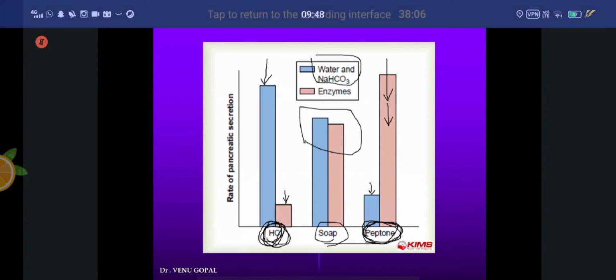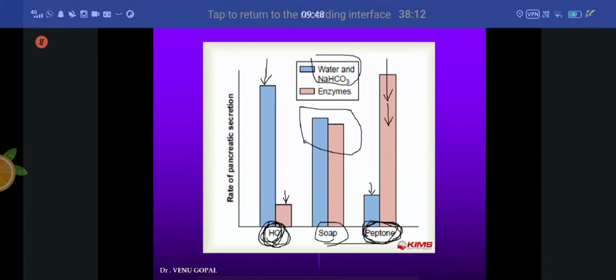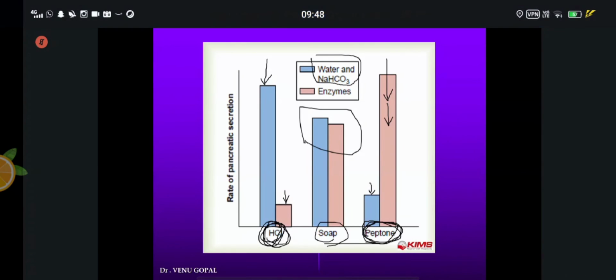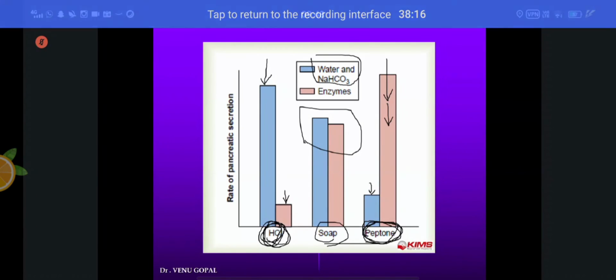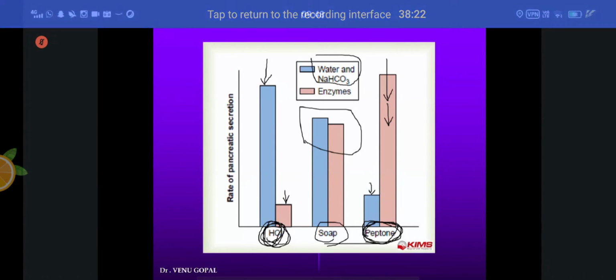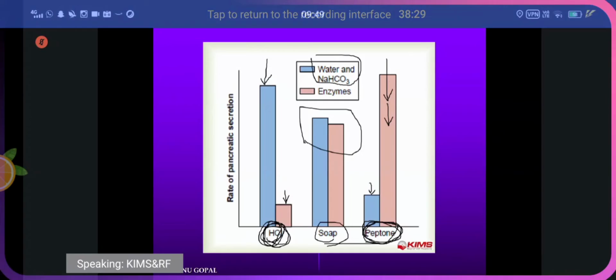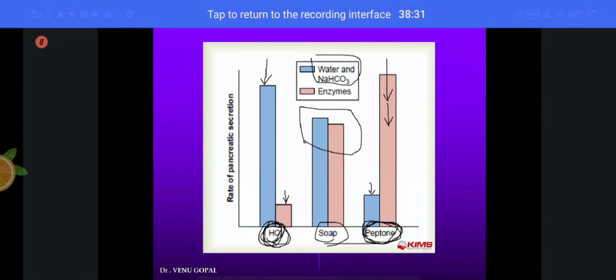Once the secretory part is done, we'll move to the motility and motor functions of GIT, which include mastication, swallowing, deglutition, then gastric emptying, intestinal movements, the large intestine, defecation, and abnormalities including vomiting. All these will come under motility.